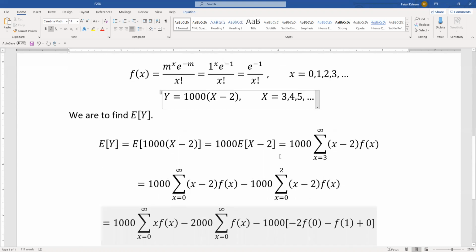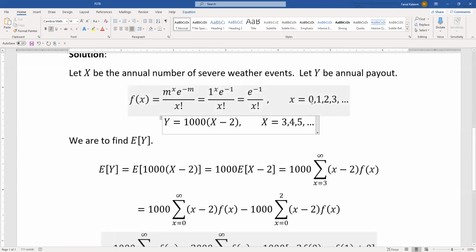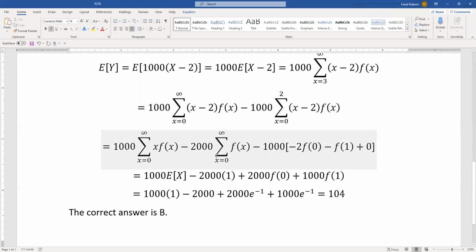That's why we wanted this sum to start at 0. And the sum of x f of x is the expected value of x when you consider all the values of x, which is what we are doing.